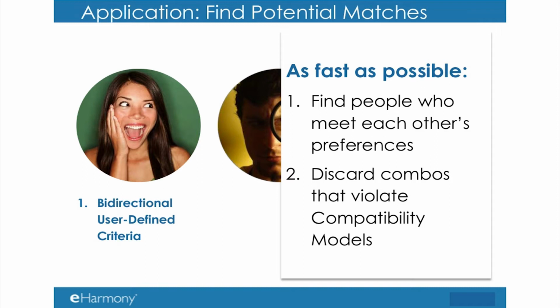So we're looking at, as quickly as possible, querying the set of user data that we have in MongoDB to find people that match each other's preferences, and then we run that smaller set through compatibility models to weed out people who might match the level of drinking or smoking or age or location, but might not be a good relationship fit for you. And then that forms our personalized matching pool for each one of our customers.